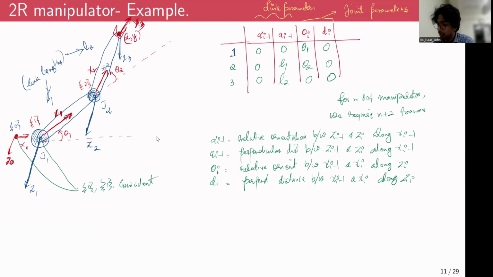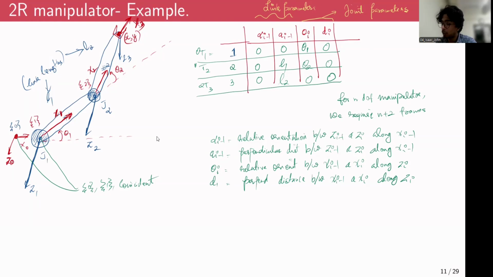Right? So you have the transformation 0T1. The DH parameters corresponding to 0T1 correspond to the first row. And you have the DH parameters corresponding to the transformation between the first and second frame, that is 1T2. That corresponds to the second row, and 2T3 corresponds to the transformation between the second and third frame.